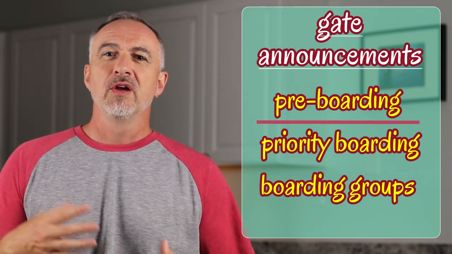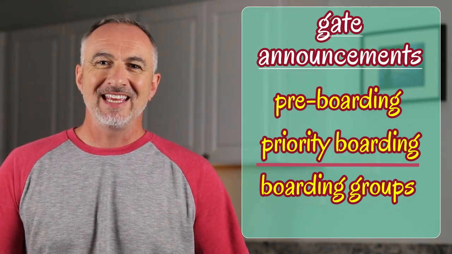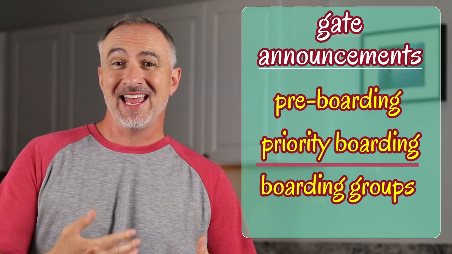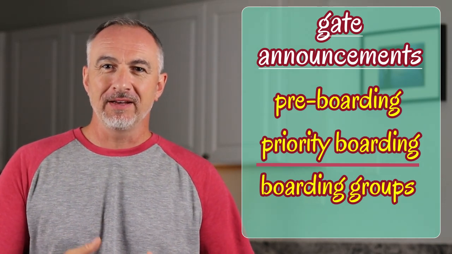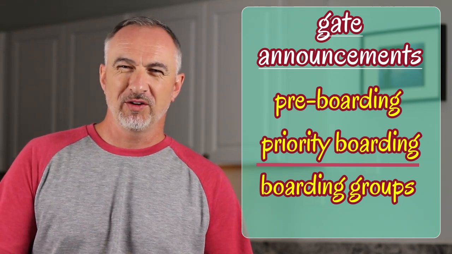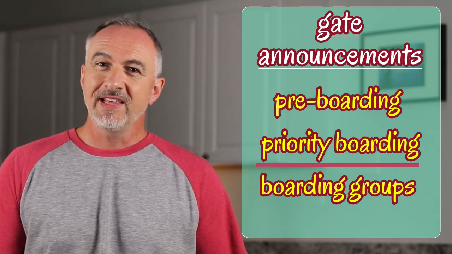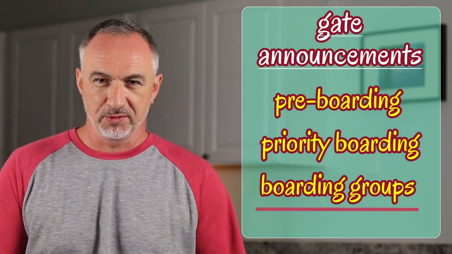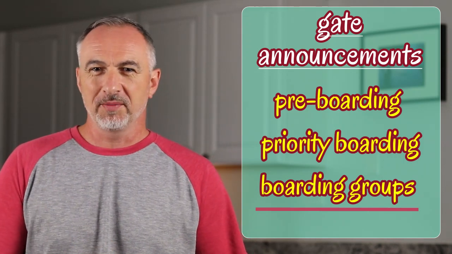You might also have priority boarding. Priority boarding is normally people who've paid extra so that they can get onto the airplane before other passengers. This might include first class or business class passengers. Then you have your standard boarding groups. And this is normally economy and basic economy.